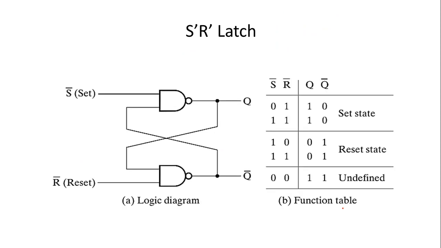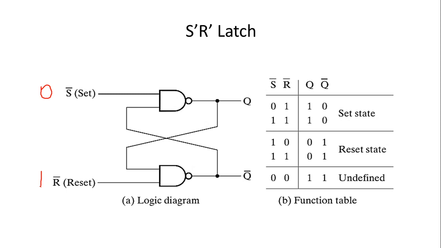So we can look at its circuit in detail by giving it our inputs. So now let's say we want to set it. So for setting, we have to give it S complement as 0 and R complement as 1.